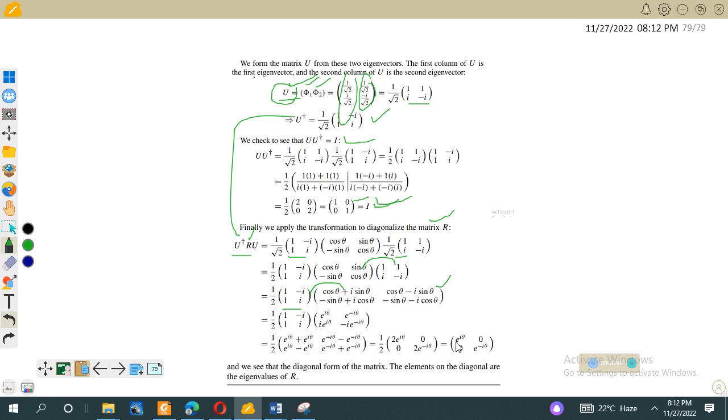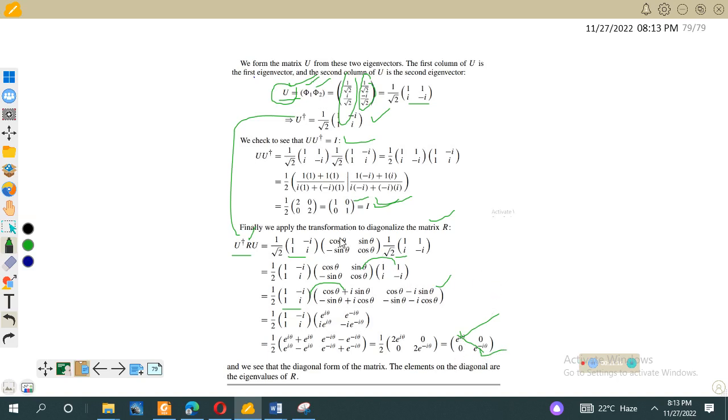You are looking that the diagonal entries are non-zero and all the other entries are equal to 0. And we see that in the diagonal form of the matrix, the elements on the diagonal are the eigenvalues of R. So if we have a diagonal matrix, it means its eigenvalues will be just the diagonal elements. This is the eigenvalue and this is also the eigenvalue.